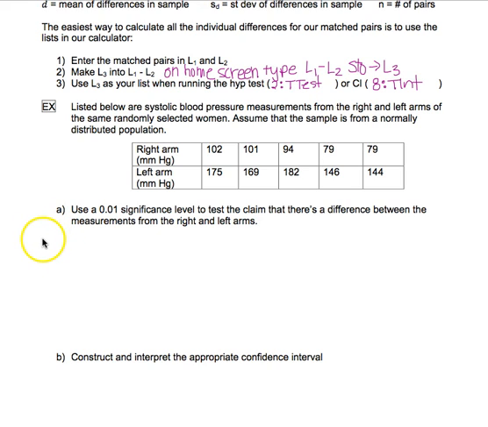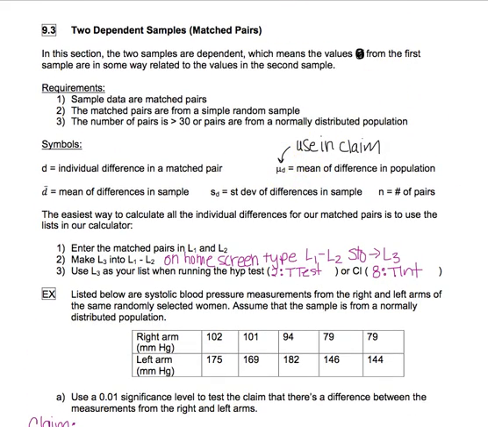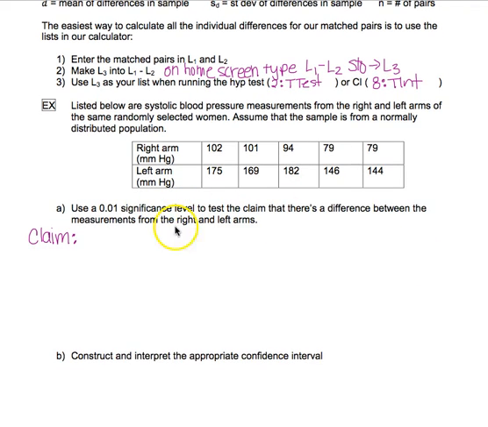So just like with every other hypothesis test, we're going to start out with our claim. So as I said at the top, we are going to be using our mu sub d in our claim. So in this case, our claim is that there's a difference, which means that mu sub d is not equal to 0. We would say mu sub d less than 0 if we were saying that right arm is less than left arm.